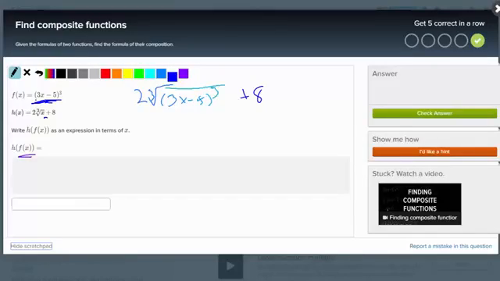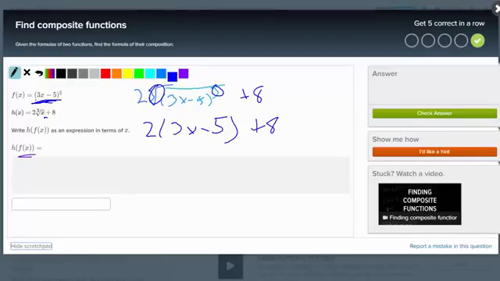Now I need to simplify. What's great is cube root and cube cancel each other out when they come into contact with each other. So now I have 2 times the quantity 3x minus 5 plus 8.